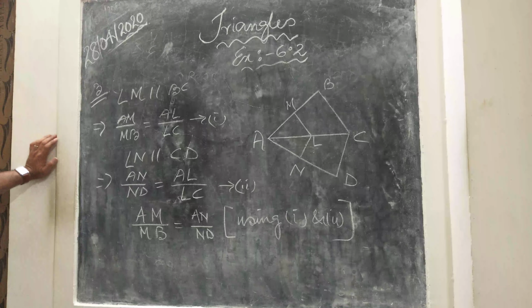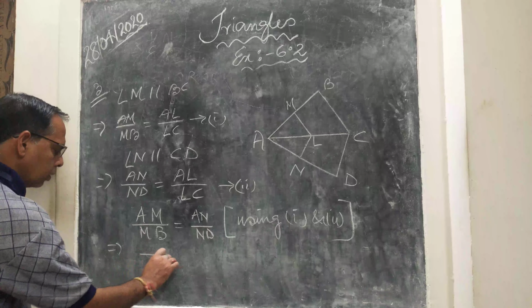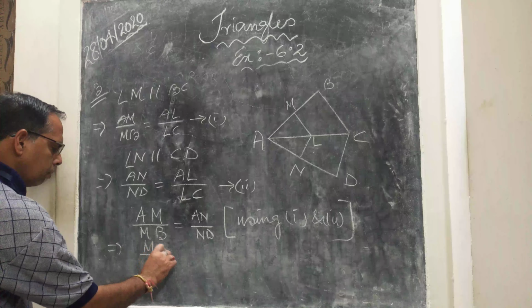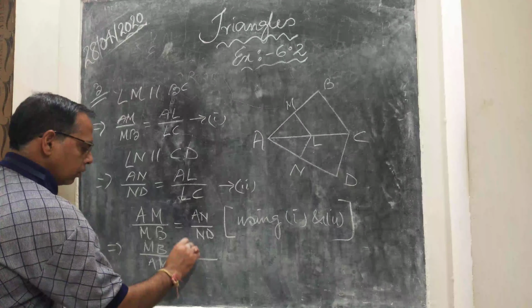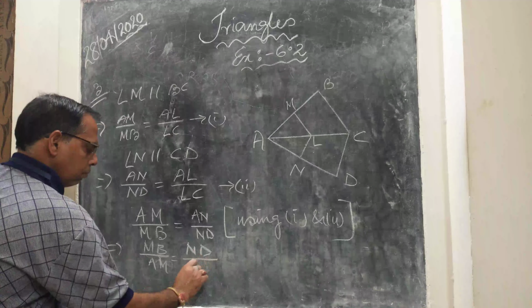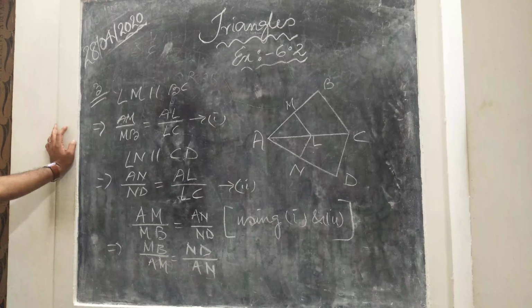Okay, then you see one thing, just you do this way: MB by AM equal to ND by AN. What is the rule? Rule is invertendo, that means by inverse property.